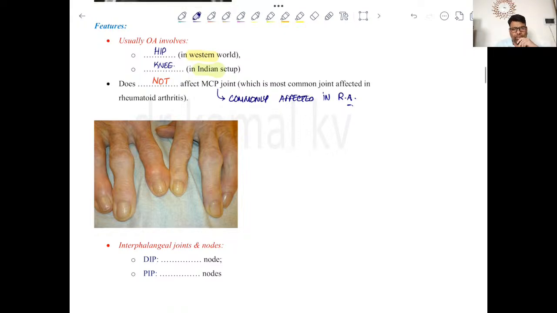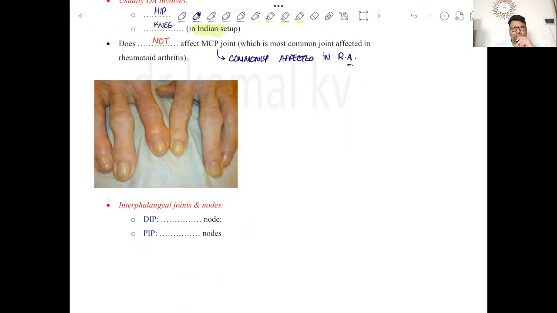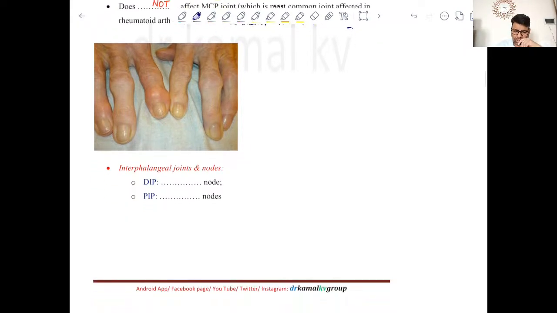So this is how, if we are dealing with a case of arthritis of the hand, we can clinically reach a diagnosis whether it is rheumatoid or osteoarthritis. Now in osteoarthritis, there is formation of nodes on PIP and DIP, right?